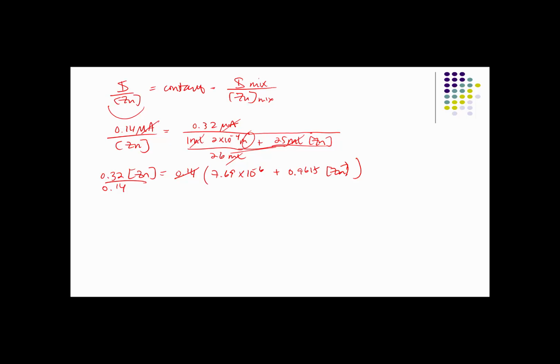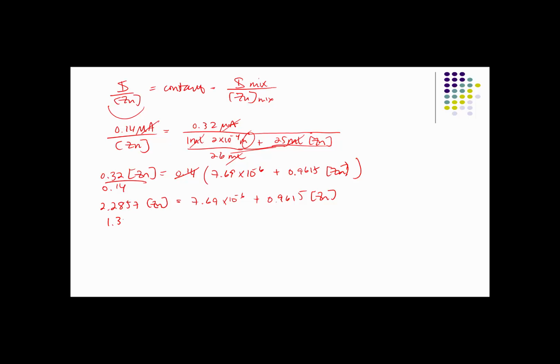So that's going to be 2.2857 times the concentration of zinc equals 7.69 times 10 to the minus 6 plus 0.9615 times the concentration of zinc. And I'll subtract the 0.9615 from both sides.